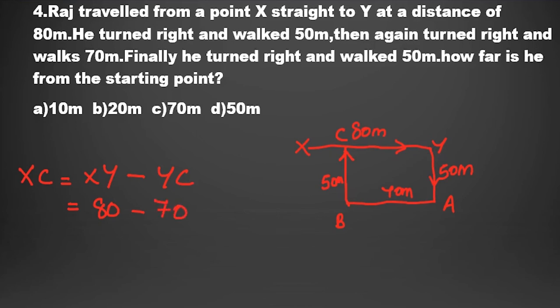That is AB is equal to YC is equal to 70. Then 80 minus 70, 10 meters. The distance from the starting point to the final point is 10 meters. So the answer is A, 10 meters.